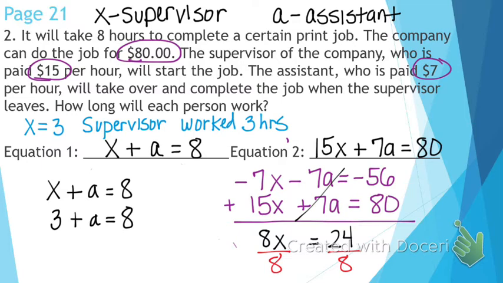So what do you think a has to be? 3 plus what number is equal to 8? 5. So a equals 5. So I'm going to write that over here too. So his assistant, a, worked 5 hours.